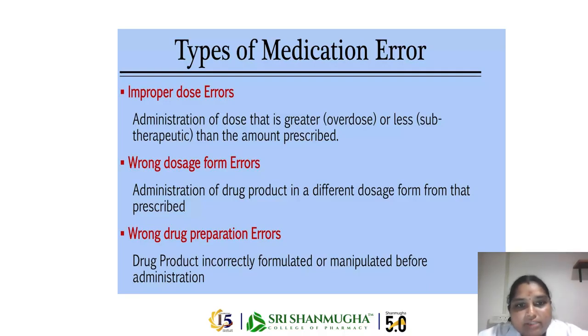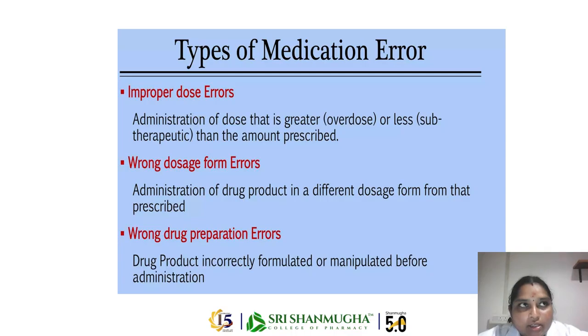Then wrong dosage form error: administration of a drug product in a different dosage form. We have dosage forms like tablet, capsule, syrup, suspension, emulsion, ointment, and patches, etc. If we have to give paracetamol syrup to children, but the wrong dosage form, a capsule, is given.